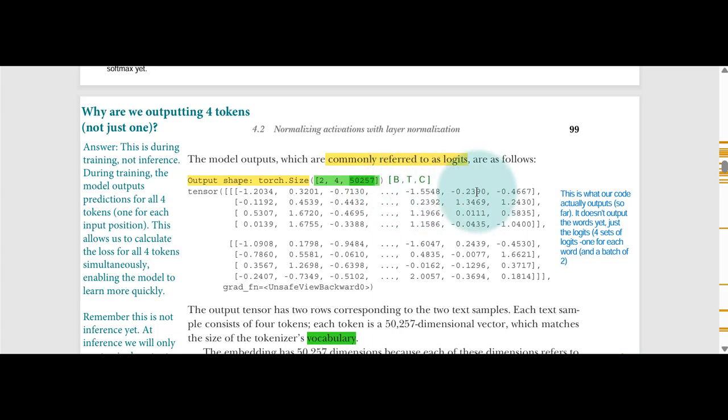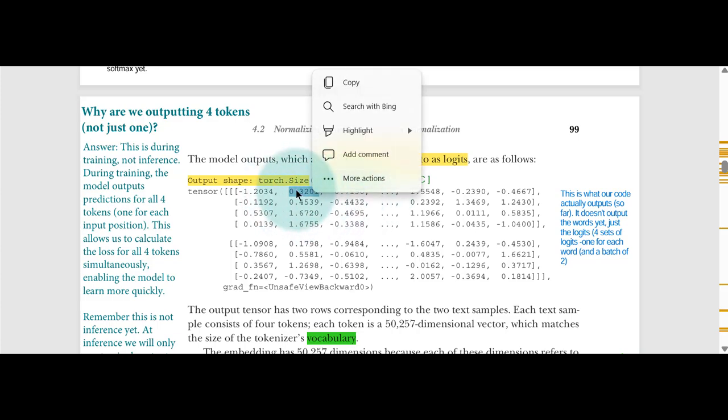So let's say among these, which is the highest? This is the highest, so this is one of the words in our vocabulary. If this is the 0th word, this is the first word, this is the second word, and this was actually the highest among all these numbers, we can't see all 50,000 of them, then we're predicting the second element of our vocabulary, whatever that happened to be.